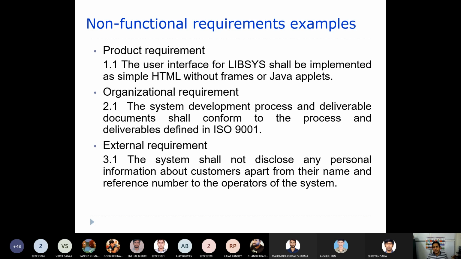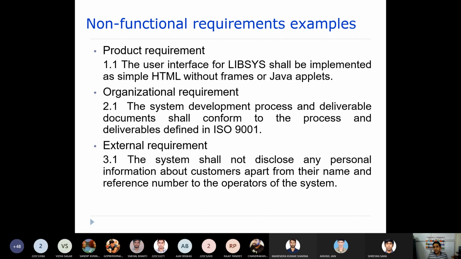The product requirement here can be the first one: the user interface for the LibSys shall be implemented using HTML without frames or Java applets. That means the user interface we are going to use should use HTML, and it should not use frames or Java applets. This is one sort of product requirement, and it is also a non-functional requirement.